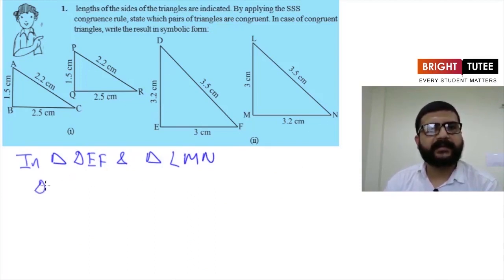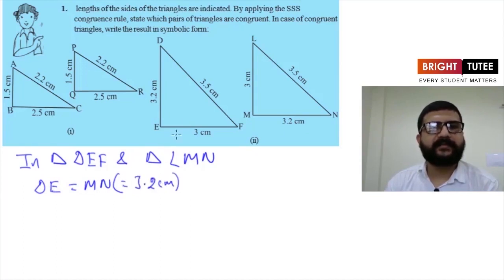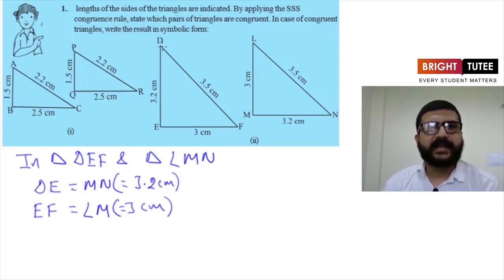We can write it here, DE is equal to MN and they both are equal to 3.2 centimeters. And then we have EF is equal to LM. EF is equal to LM and they both are equal to 3 centimeters. And the third pair of equal sides is DF is equal to LN.